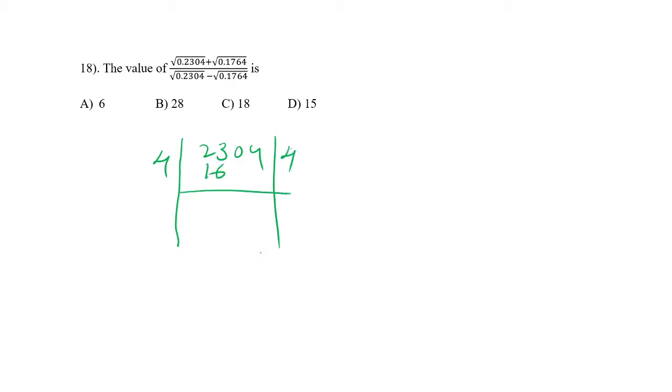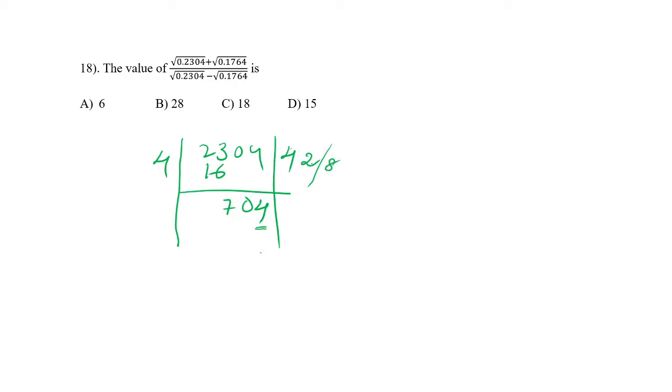Write 16 here. Then bring down 04. Now see, at the end there is 4. How do we get 4? 2 2s are 4. And next one is 8 8s are 64. Means here after 4 there may be 2 or 8.